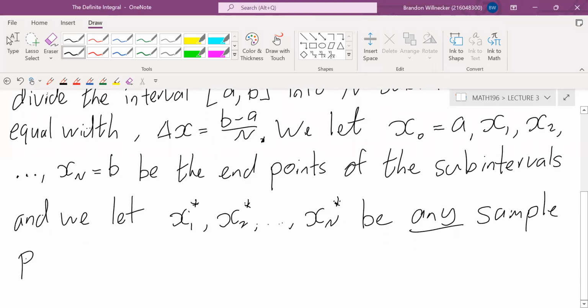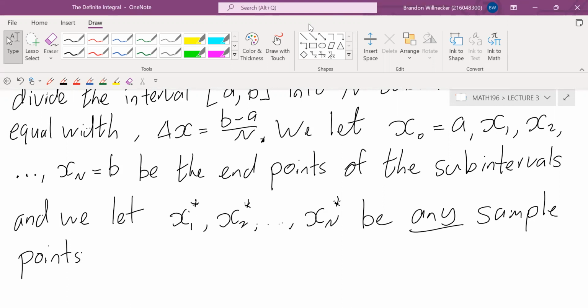We spoke about this before. Remember, given the subinterval, how do we define the height of the rectangle there? Well, we need to provide some x value in that subinterval such that f of x will give us the height of the rectangle. That chosen x point we call a sample point.